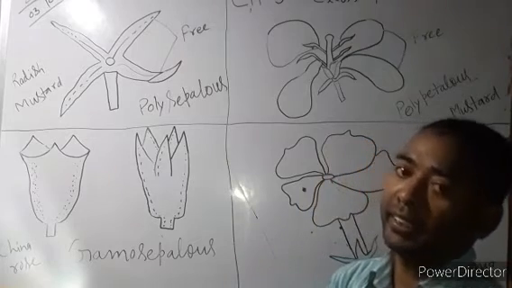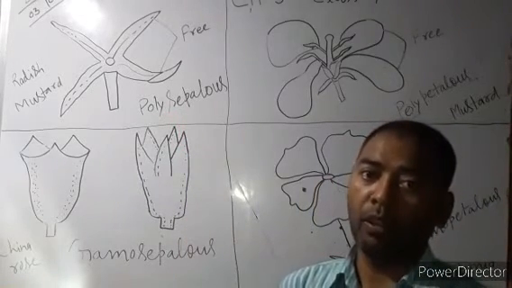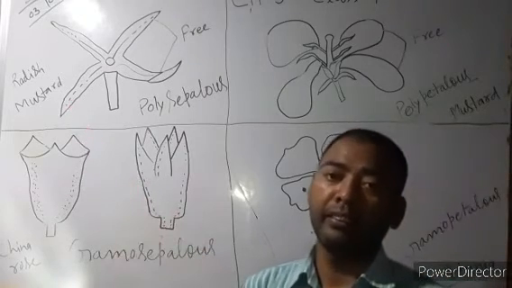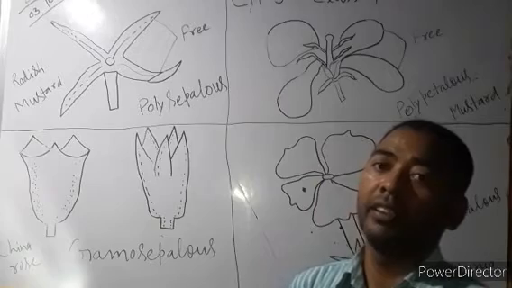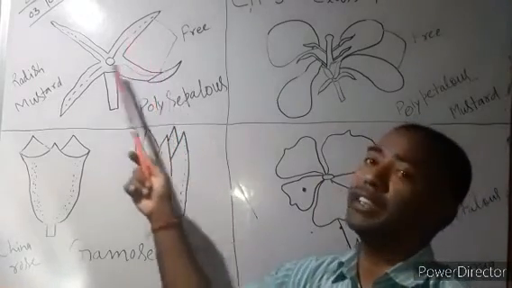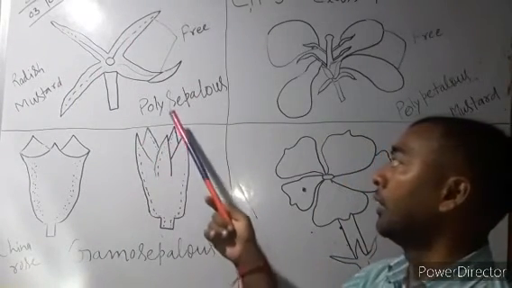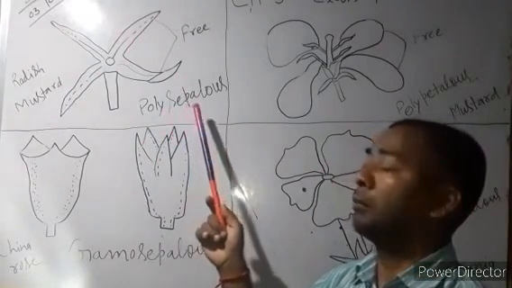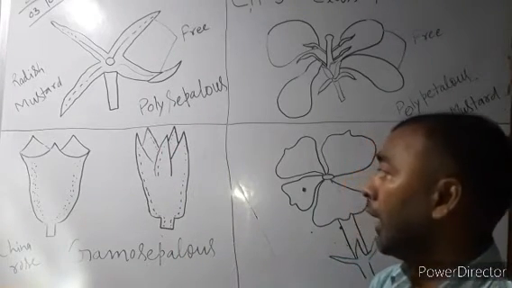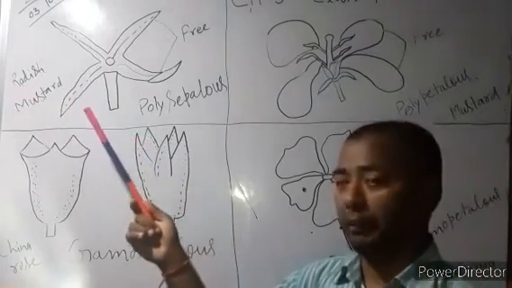That condition is known as polysepalous condition, and it is found in radish and mustard plants. This type of condition, where free sepals are found, is known as polysepalous condition.